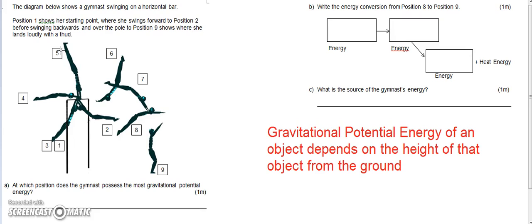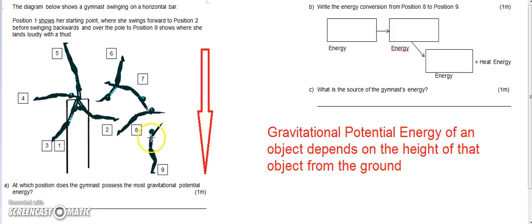Remember, gravitational potential energy is stored energy an object has as it is further away from the ground. Why? Because the further away the object is from the ground, the further down it can travel.